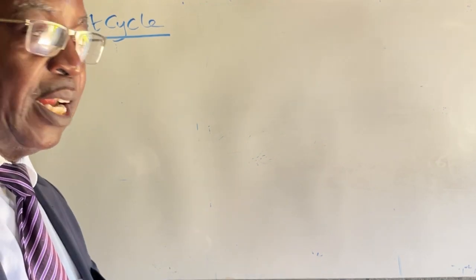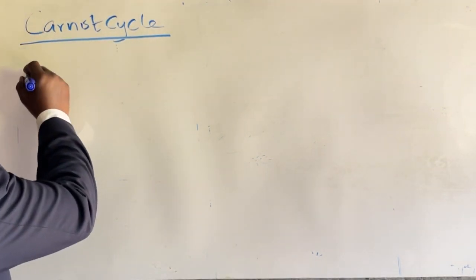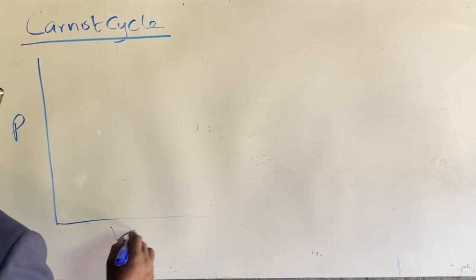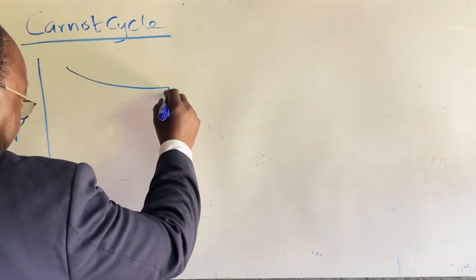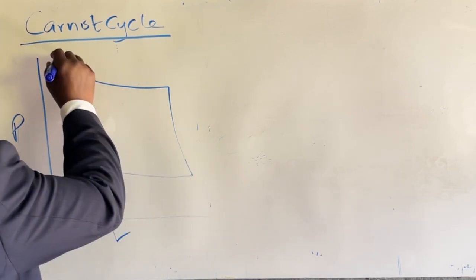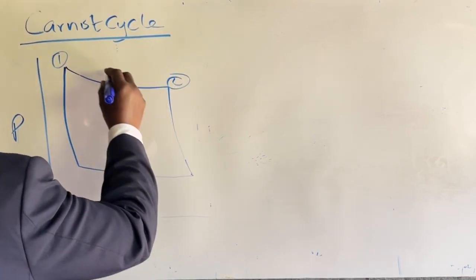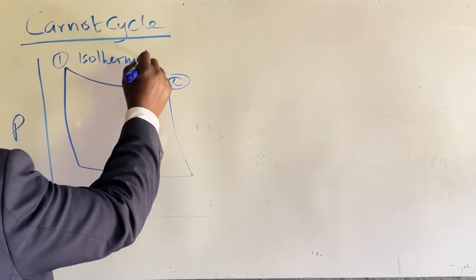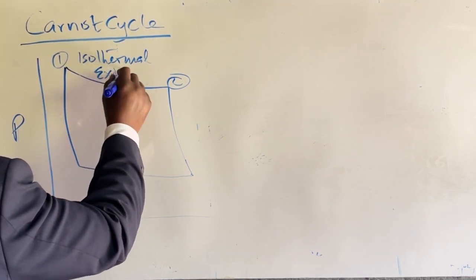In the pressure-volume diagram, we can represent the Carnot cycle as follows. State point 1 to state point 2 is isothermal expansion.